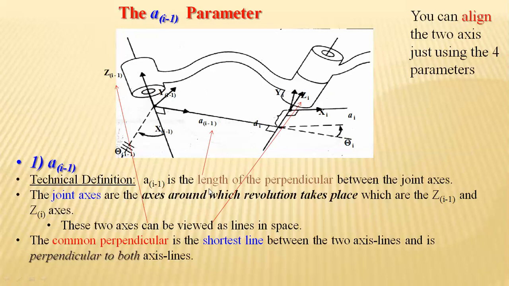That is the first point, the distance between two successive joints.